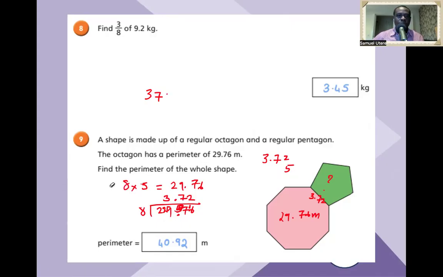So everything we've learned, we're going to apply it here. So I will ignore the decimal. So 372 times 5. 5 times 2 is 10. I'll write 0. I'll carry 1. 5 times 7 is 35, plus that one I carried is 36.